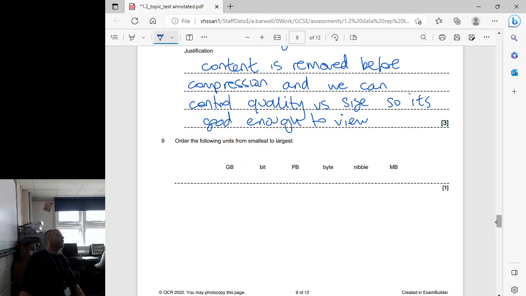Right. The smallest unit is a bit. The next largest in this list is a nibble, which is 4 bits. That's the one that's half a byte. Then we've got byte, which is 8 bits.